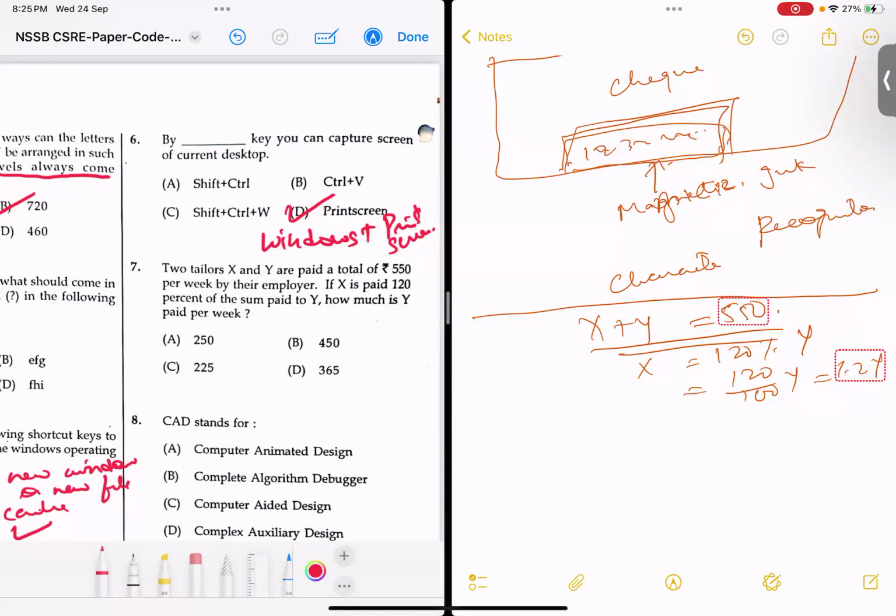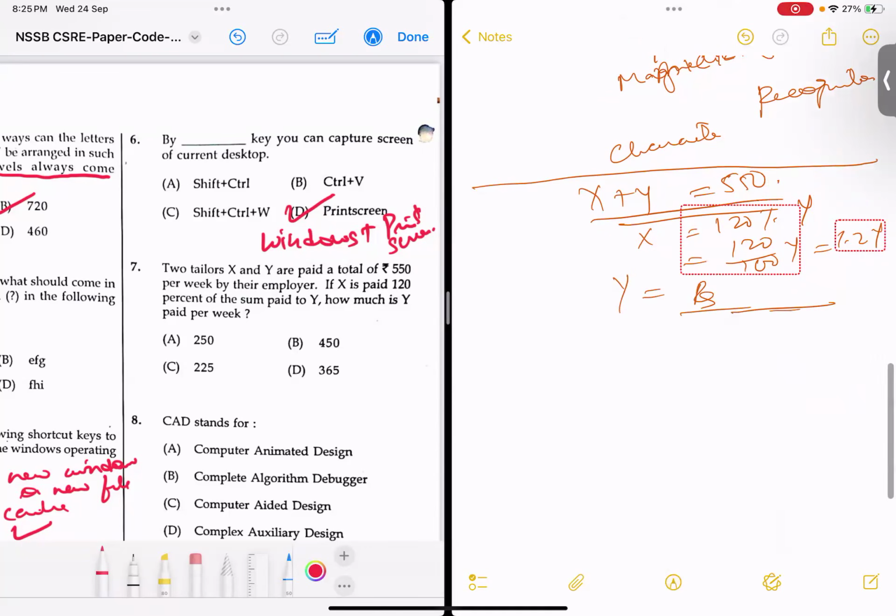Now we just have to determine the total amount of money that is being paid to Y, in terms of rupees. Let's consider the amount that is paid to Y as Y, which means X is 1.2 Y, right?